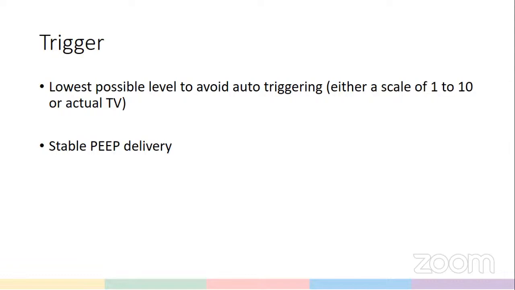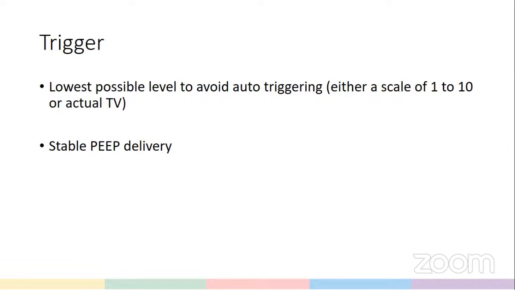The lowest flow required for initiating a ventilator breath corresponds to a scale of 1, which is a flow of 0.2 liters per minute. So as low as 200 ml of flow can be sensed by the ventilator and result in the initiation of a ventilator breath. This is the least possible level, or the most sensitive trigger, you may say.